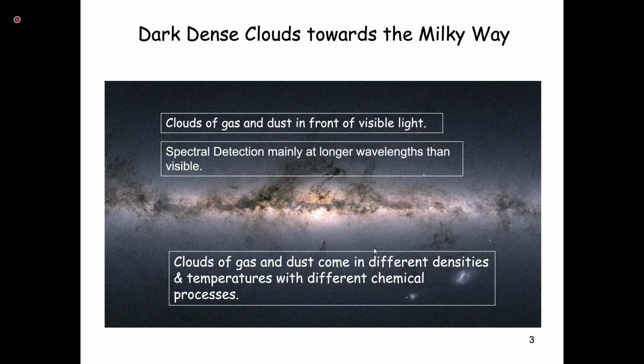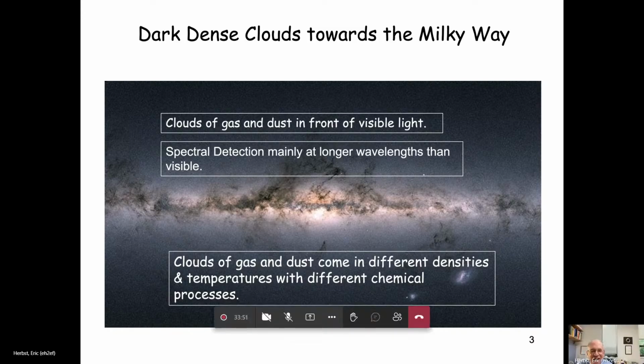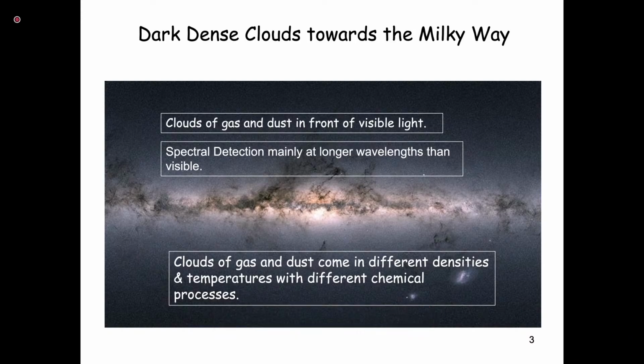So what you're seeing is a picture of the Milky Way. That's very bright stars towards the center of the galaxy, and much of the light is blocked out by this dark stuff. The dark stuff is called a cloud, and it's a particularly dense cloud. It consists of gas and dust, and it's in front of the visible light.